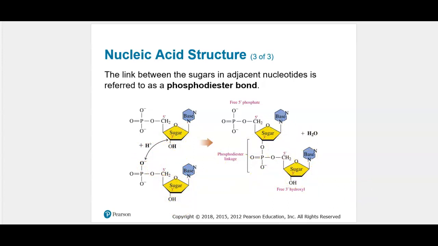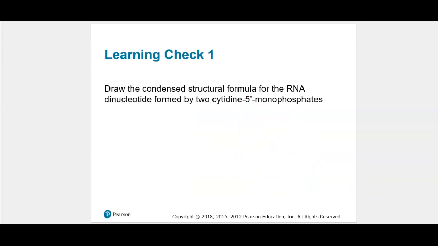It's an esterification reaction. So to draw the condensed structural formula for the RNA dinucleotide formed by two cytidine 5' monophosphates. That's a mouthful, cytidine 5' monophosphates, but you should already be able to envision.